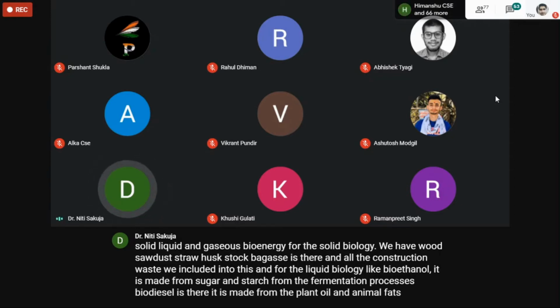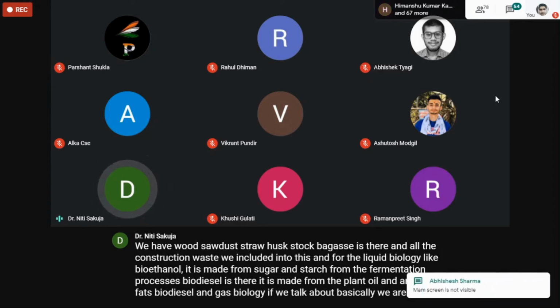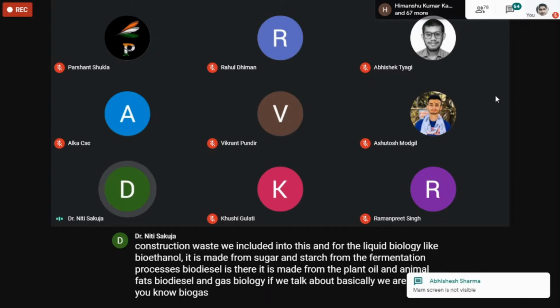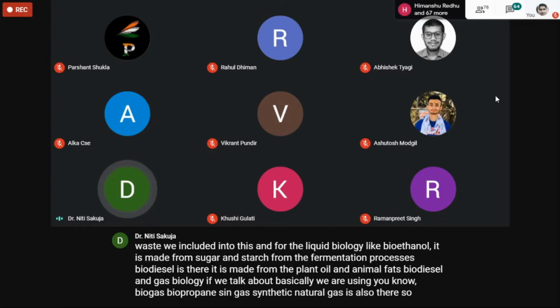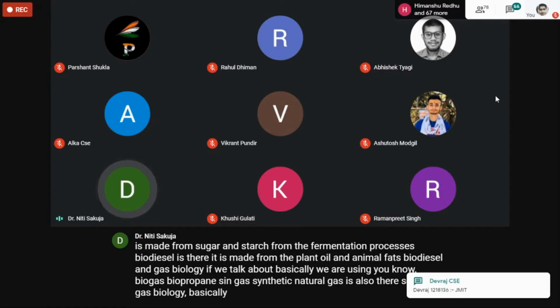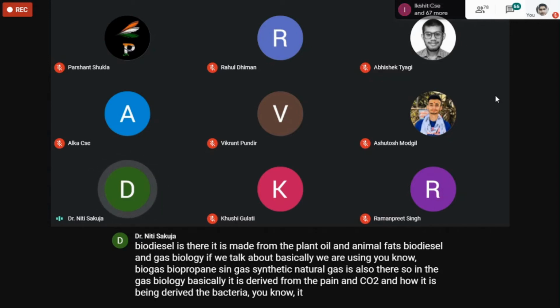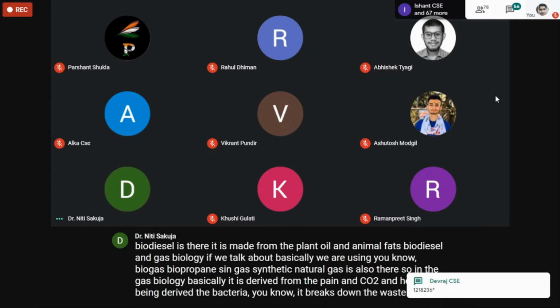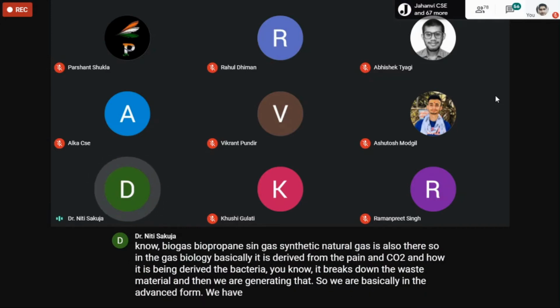For gas bioenergy, we use biogas, biopropane, syngas, and synthetic natural gas. Gas bioenergy is derived from methane and CO2, generated when bacteria break down the waste material. So in the advanced form, we have solid, liquid, and gaseous bioenergy.